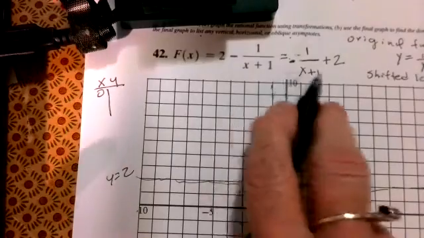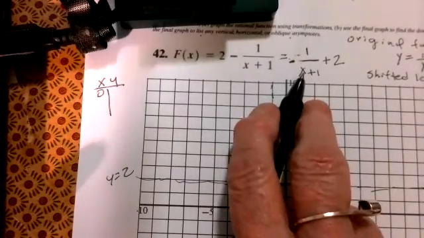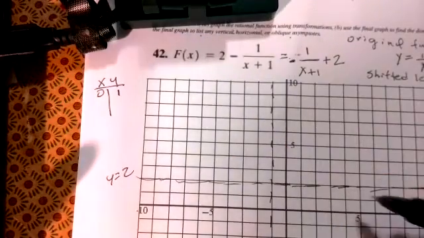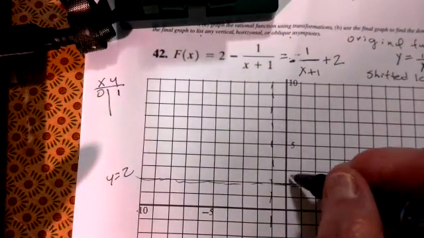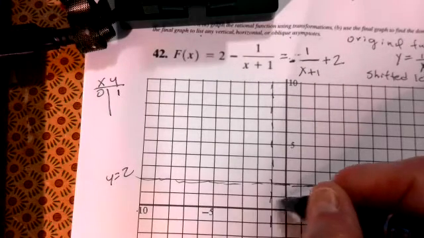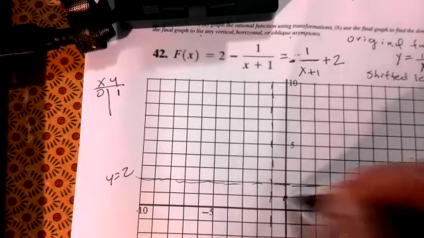Well, y would be equal to negative 1 plus 2. So it would go through 0, 1. So the graph is going to go through 0, over and 1 up, like right there.